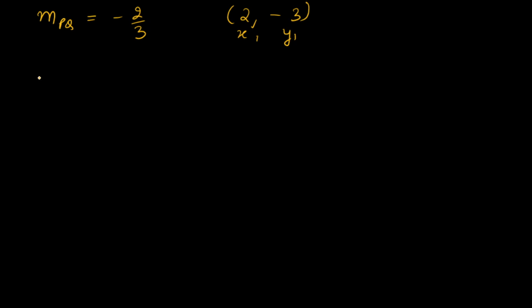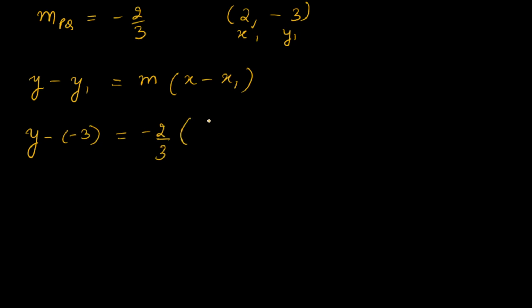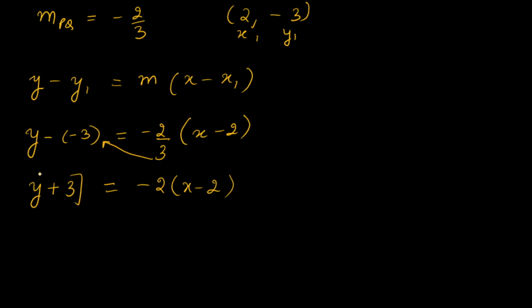The equation by point form: y minus y1 is equal to m into x minus x1. y1 is minus 3, m is minus 2 by 3, x minus x1 is x minus 2. So minus minus is plus, and it becomes y plus 3 is equal to negative 2 by 3 into x minus 2. This 3 will shift to the other side, so with this 3 it will get multiplied.